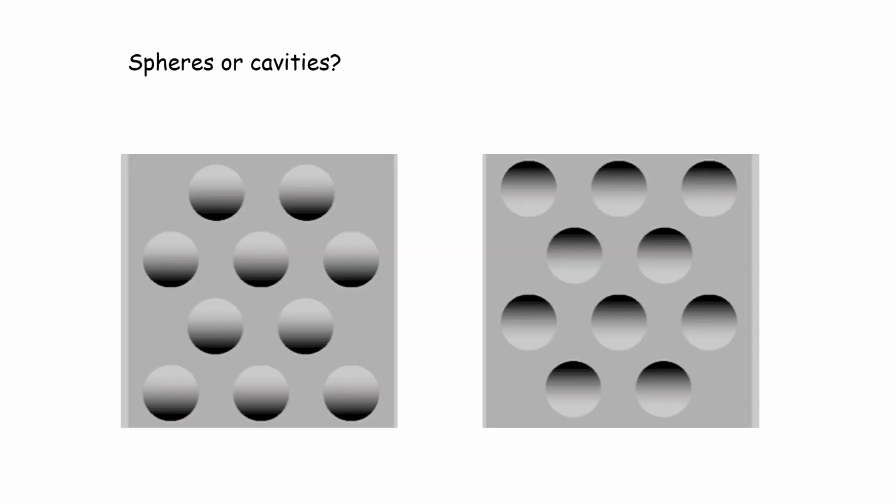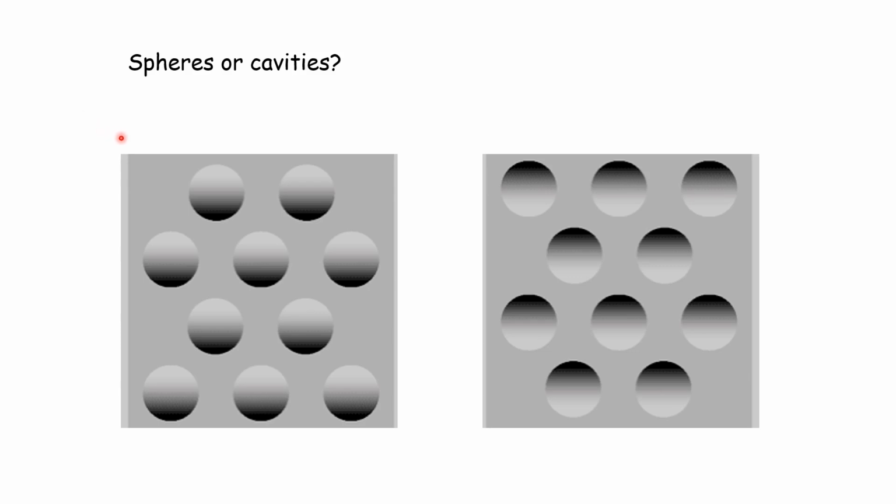Let's look at one more example. So now we are seeing two images on left and right, and both the images have a gray background, and there are some circular shapes in between. These shapes may appear as spheres that are coming out of the screen or as cavities that are going into the screen. So which one appears to you as spheres and which one appears as cavities?